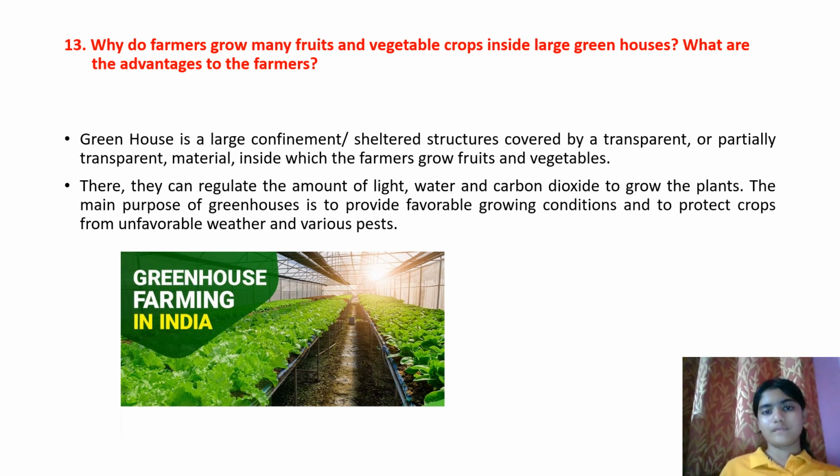See in this slide, the main important word is regulate. Inside the greenhouse, the farmers can regulate the amount of light, water, and carbon dioxide. That amount of light and water is supplied, and that amount of carbon dioxide is supplied that the plant requires.